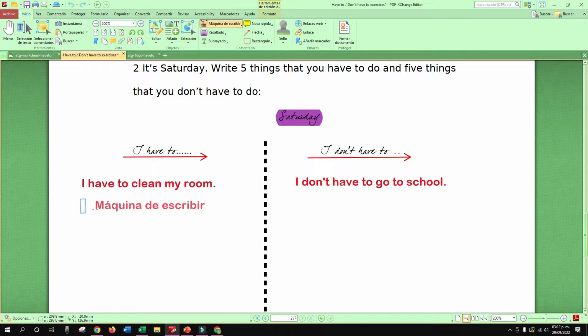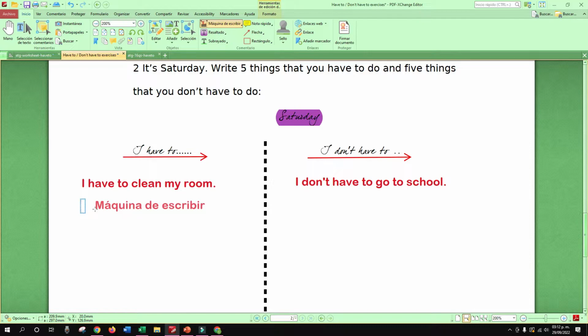I have to bath my dog in the afternoon, and I have to buy the food afternoon. Okay. I don't have to cook in the morning. Okay. So, I don't have to take the girl to house. Continue. And I don't have to iron the clothes.